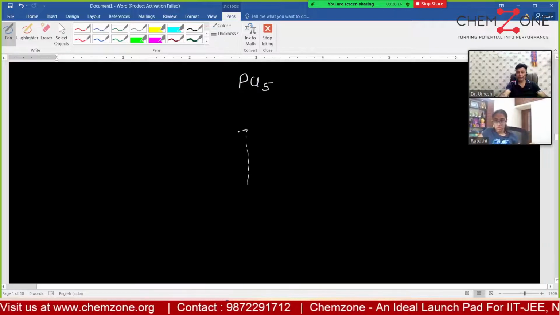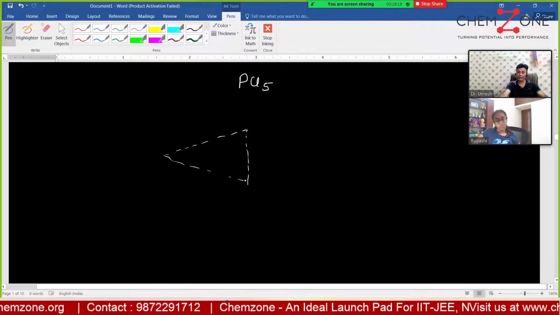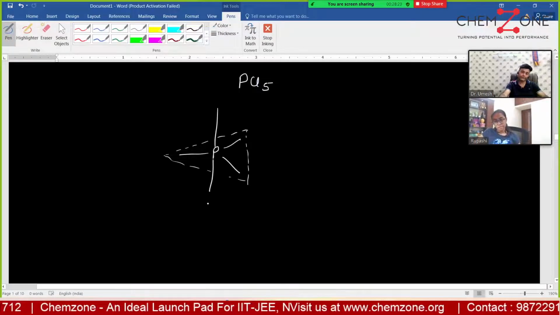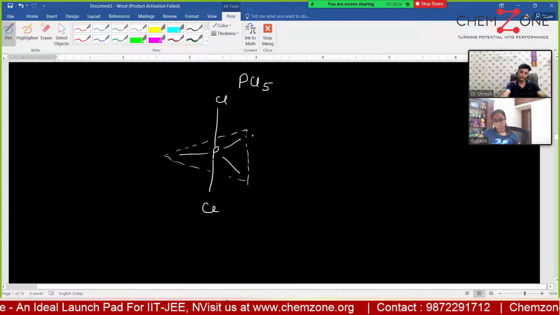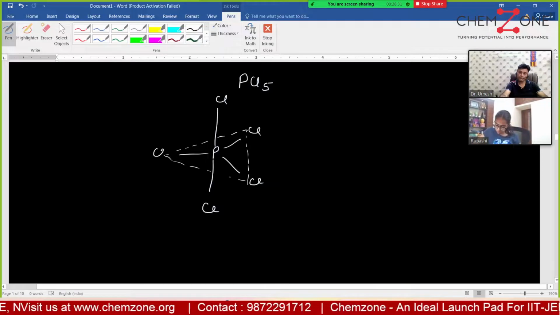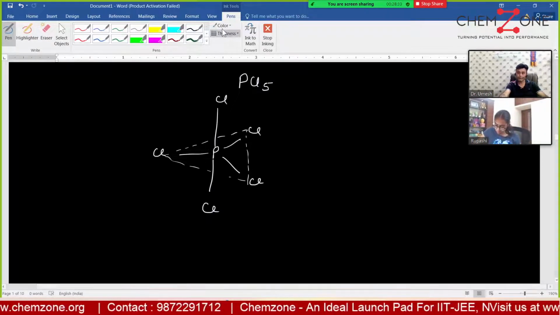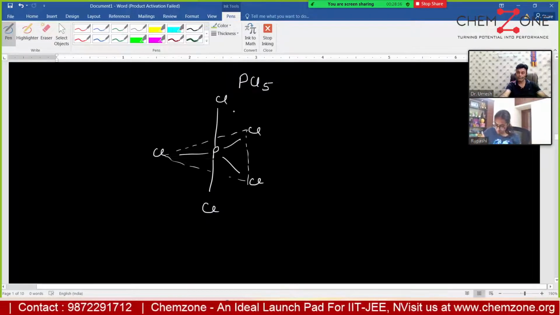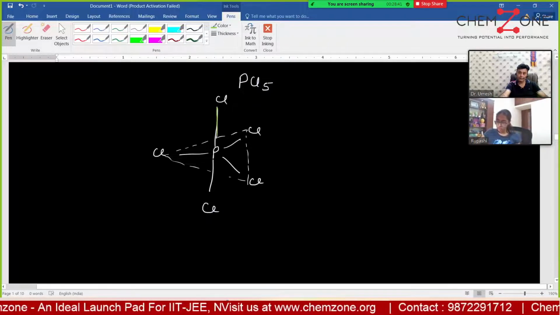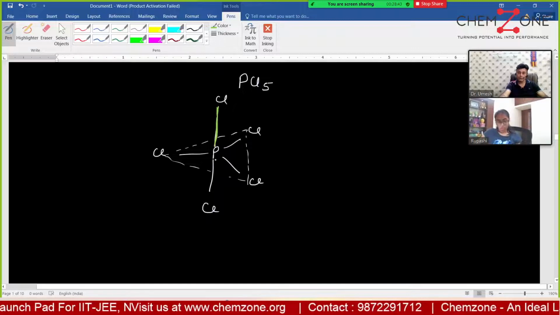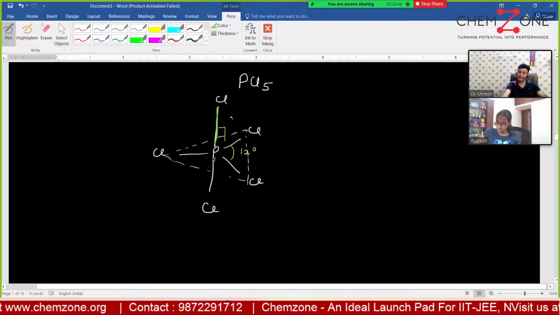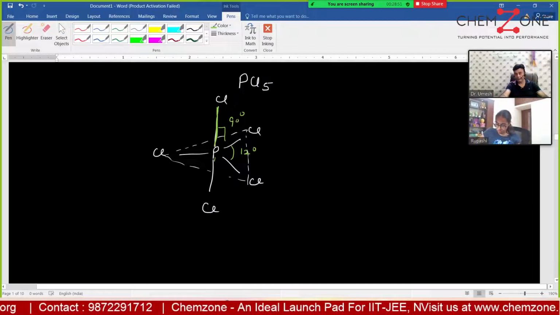Whenever we have 5 bond pairs, 5 pairs of electrons, it will acquire trigonal bipyramidal geometry. This angle is 120 and this angle is 90 degrees.